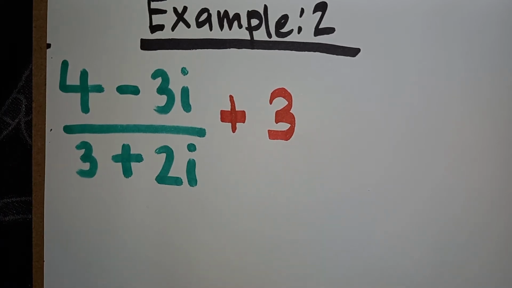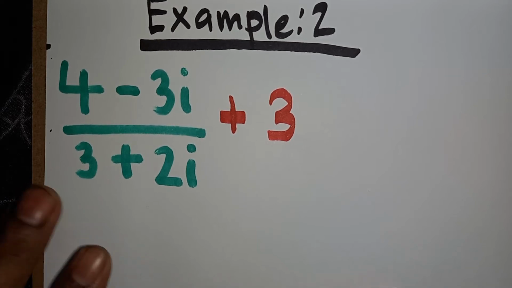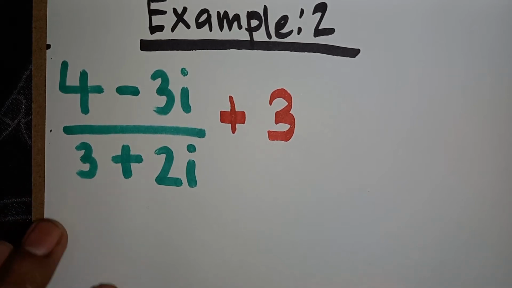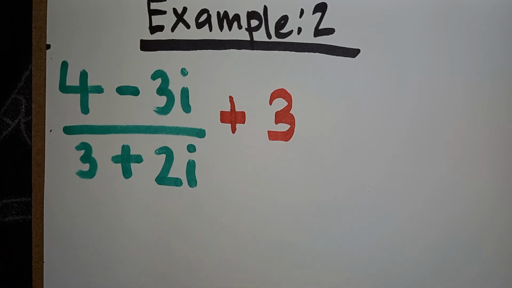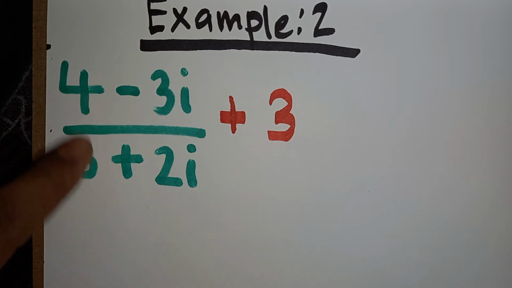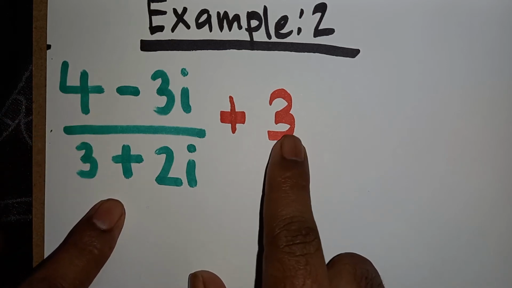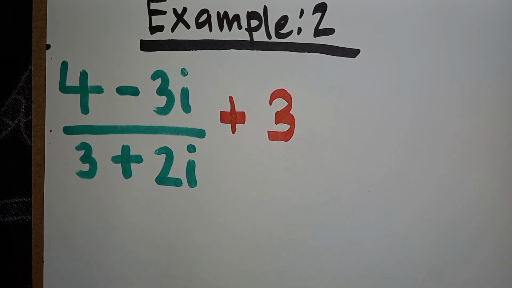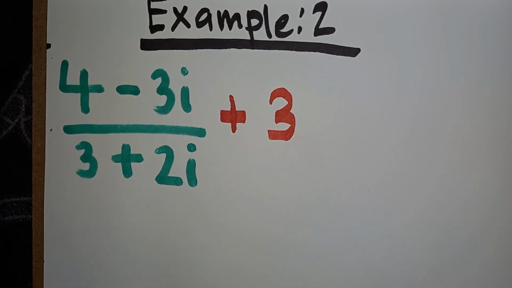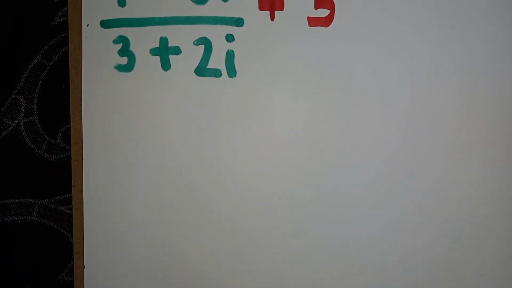So the calculation will be a bit different from example 1. First we have to make one complex fraction. Currently we have two complex numbers, but we have another constant here, and this constant can be written as a fraction as well. So let's see how we can proceed with the steps.